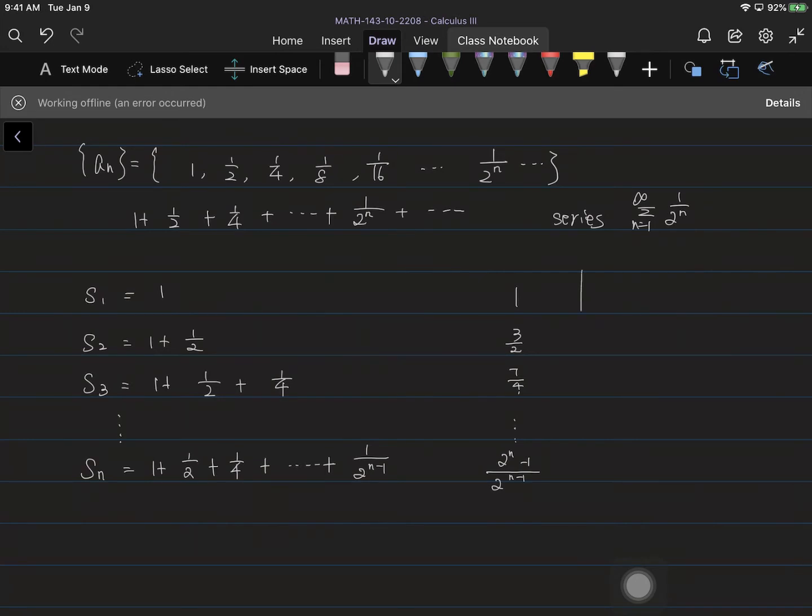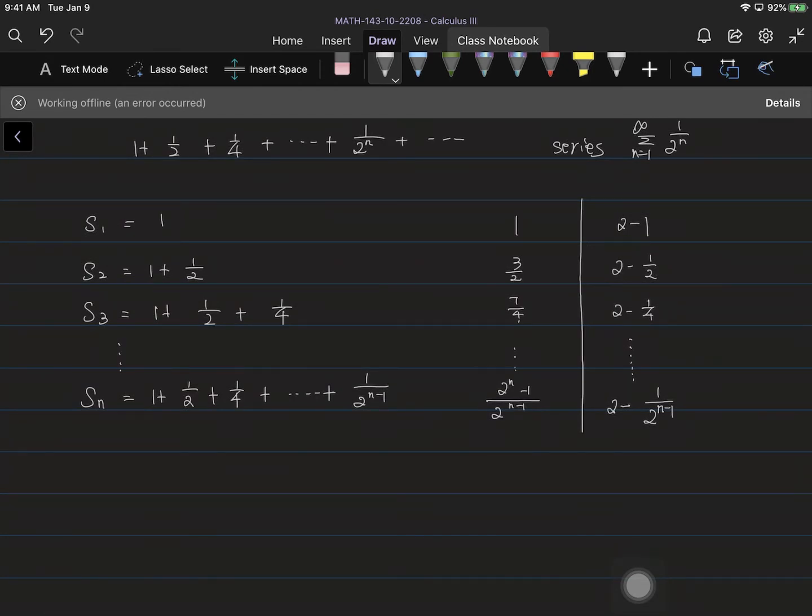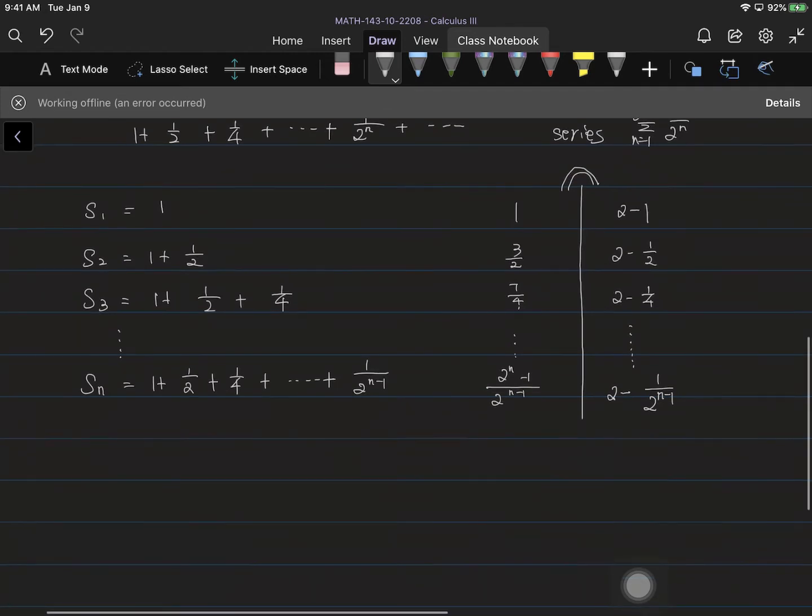And we can write them in another form: we can write 1 as 2 minus 1, 2 minus 1 half, 2 minus 1 fourth. We just want to write this in a better form. Don't worry too much. We don't need to know how to write this down. I just want to show you what the sum is going to be. Actually, they are equal to each other, just a different way to write down the partial sum.